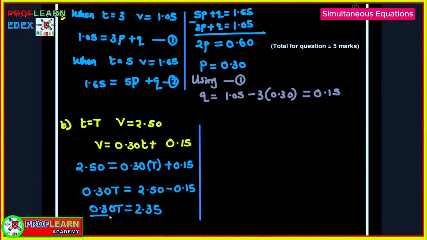We are going to have a value equivalent to 7.8. If we work this out it becomes 7.8. Of course, we can leave it as a fraction, but if you round off, it is approximately 7.8.